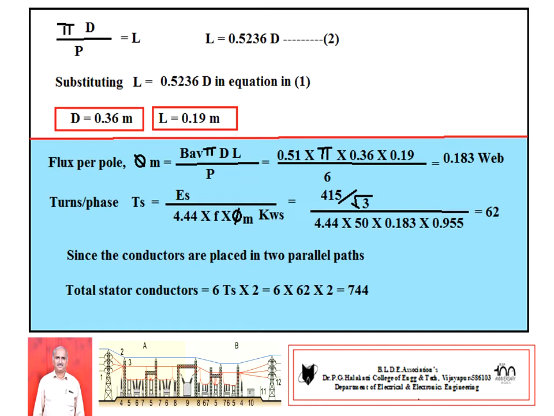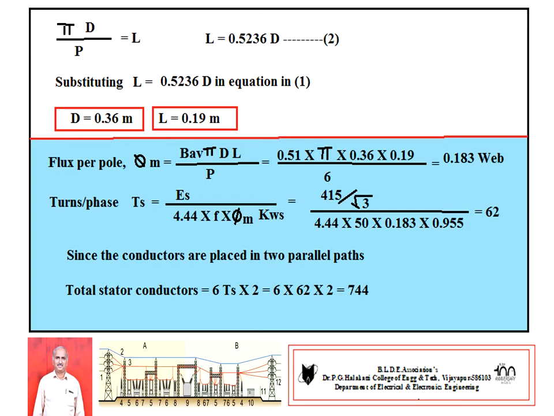Then as usual, from the previous problems, flux per pole phi m equals B average into pi d L by P. This is from the specific magnetic loading B average equation. Then you substitute and calculate phi m.